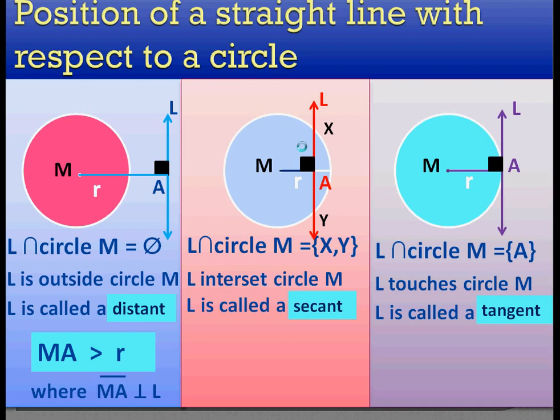In the second case, we have MA smaller than the radius, and it is a secant. In the third case, we can say that MA is tangent to the circle, so the distance from M to A is equal to the radius.